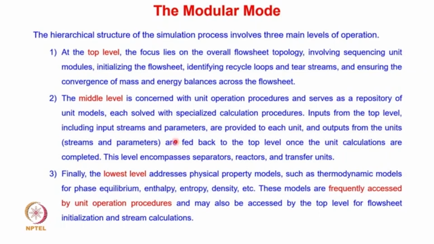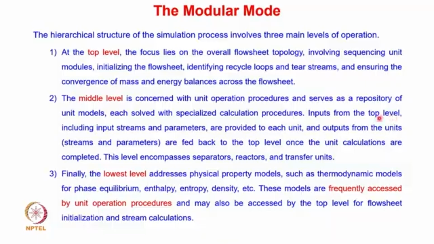Inputs from the top level, including the input streams and parameters, are provided to each unit. So remember, the output of each unit is given as an input to the next unit in the sequence, in the flow sheet topology, isn't it? So you can see that there is a back and forth information transfer occurring between the middle level and the top level.